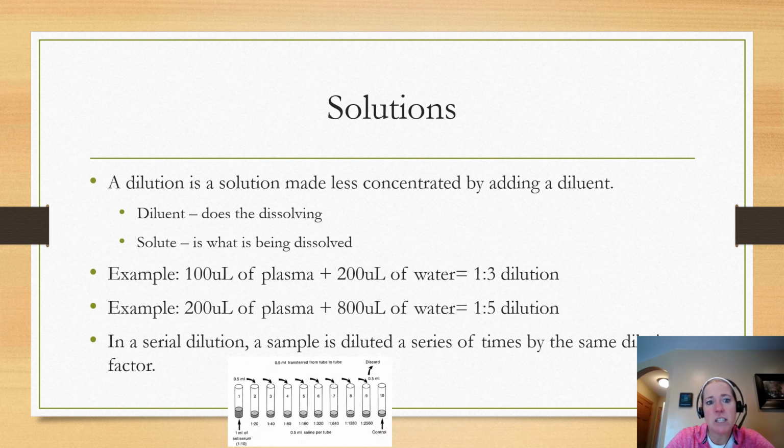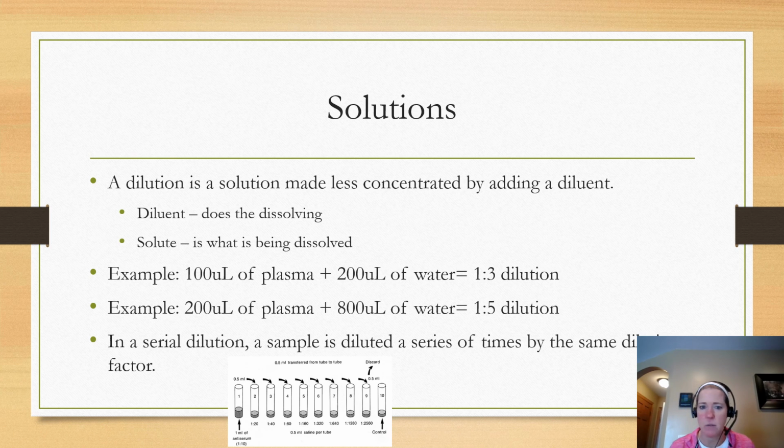Be able to calculate a solution. You will have one of these on your test. A dilution is a solution made less concentrated by adding a diluent. The diluent does the dissolving, and the solute is what's being dissolved. For example, if we put 100 microliters of plasma with 200 microliters of water, we'd have a 1:3 dilution. 200 plus 800 is actually a 1:5.